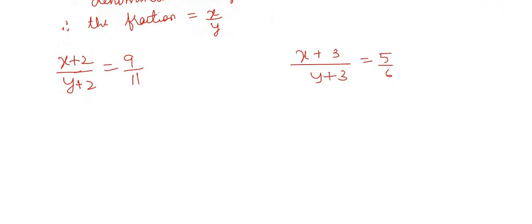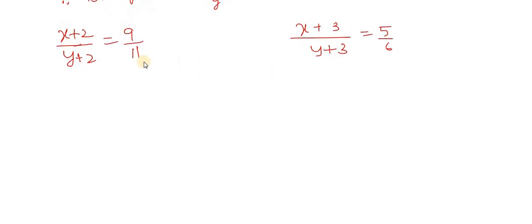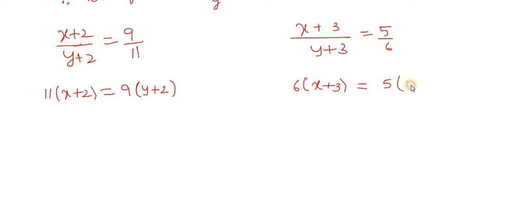Now simplify these two equations and form the pair of linear equations in two variables. How? Just cross multiply this. So 11 times x plus 2 equals 9 times y plus 2. Then 6 times x plus 3 equals 5 times y plus 3.